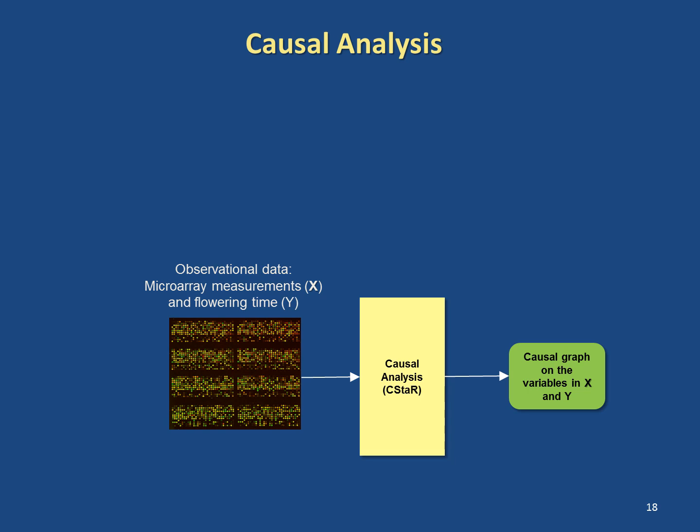We've got on the left the data that's available, these microarray measurements, and the flowering time we'll represent as Y. The authors had developed an algorithm called C-star, a graphical causal model discovery algorithm. It produced a causal graph on the variables showing the relationship between X and Y according to its analysis of the causal relationships among those variables.